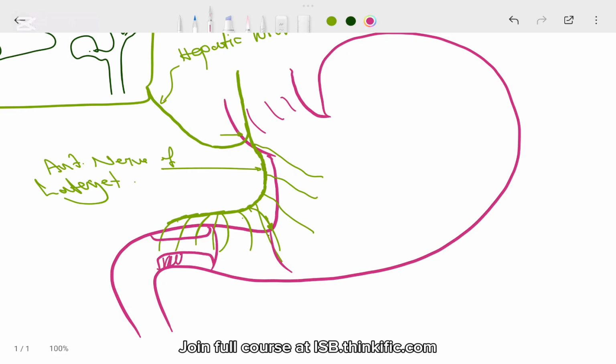Now this is a very essential nerve because it used to be important in an operation called vagotomy. I will tell you about it in a moment. But this is the pylorus, okay? And as I told you, the nerve of Latarjet breaks near the incisura angularis into multiple filamentous structures.